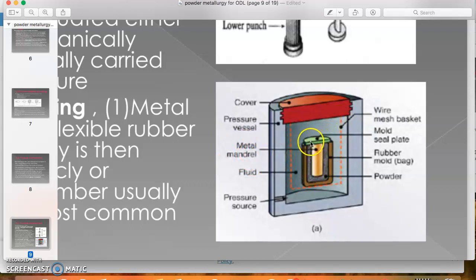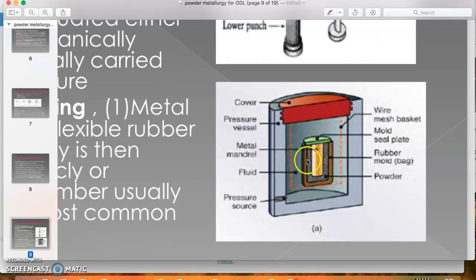Okay, so what happens here? You see here there is a hole for pressure. We apply the pressure source through the hole, and it will increase the hydrostatic pressure inside the vessel. So hydrostatic pressure will press in all directions, on every surface of the mold.